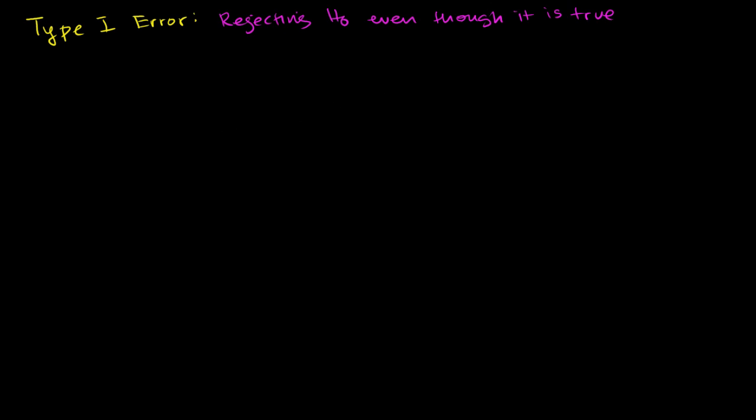So, for example, in actually all of the hypothesis testing examples we've seen, we start by assuming that the null hypothesis is true. We always assume that the null hypothesis is true. And given that, we say, if the null hypothesis is true, then the mean is usually going to be equal to some value.